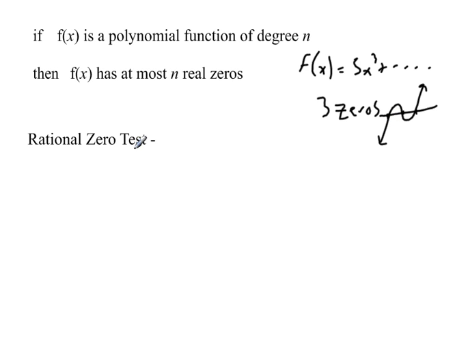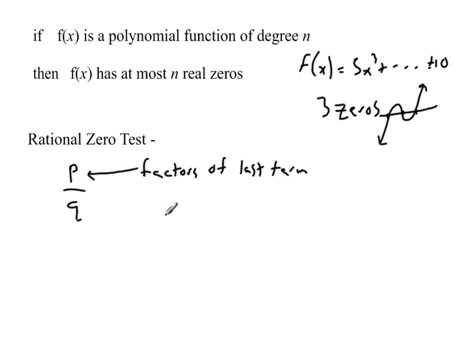Now, here's what this rational zero test is. If we need to find these rational zeros, what we do is we say that these are all going to be of the form p over q, where p is going to be the factors of the last term. So take your last term here, let's say this last term was plus 10, all the factors of that are possible numbers we could have right here.